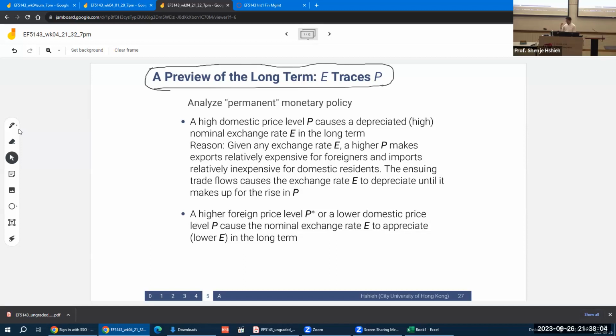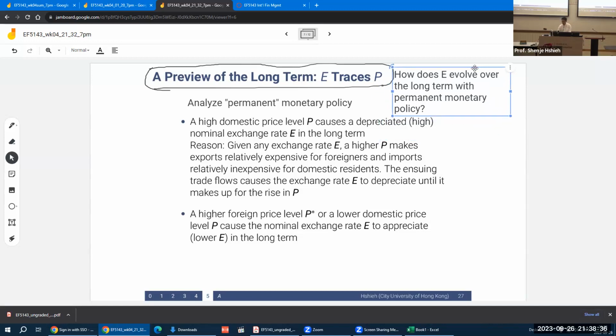When we analyze permanent monetary policy, flexible prices give us additional economic intuition about how E should evolve over time. So that's where we're heading: how does E evolve over the long term with permanent monetary policy? And the punchline is that E will just follow price movements, as you will see.